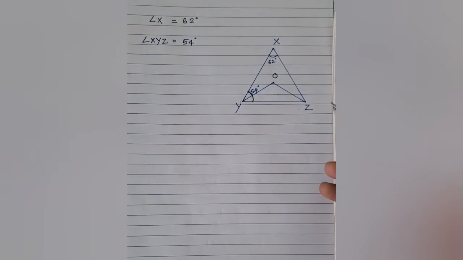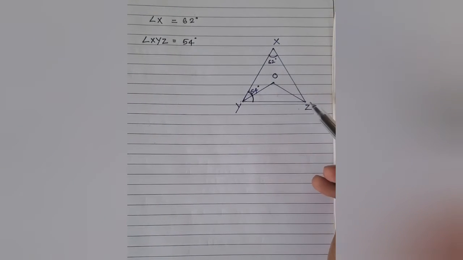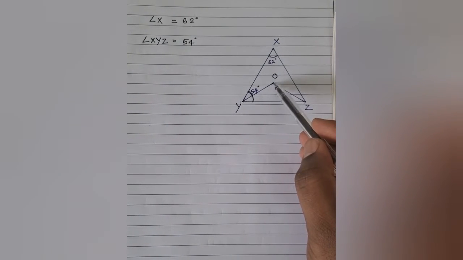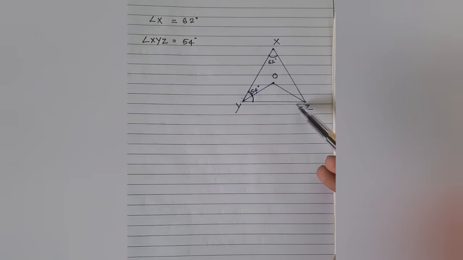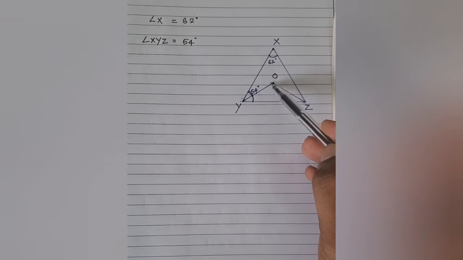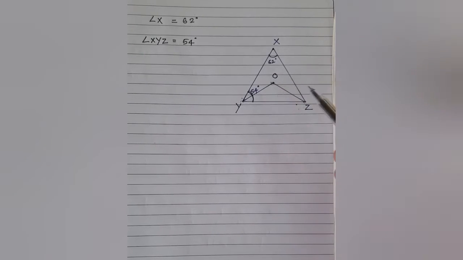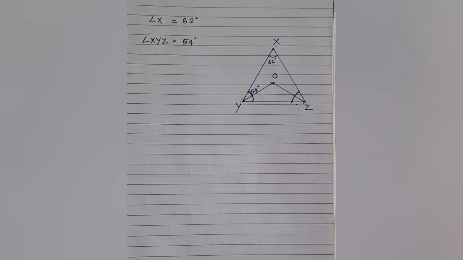The question further said that YO and ZO are the bisectors of angle XYZ and XZY. So YO is the bisector of angle Y and OZ is the bisector of angle Z, that is the whole angle Z.